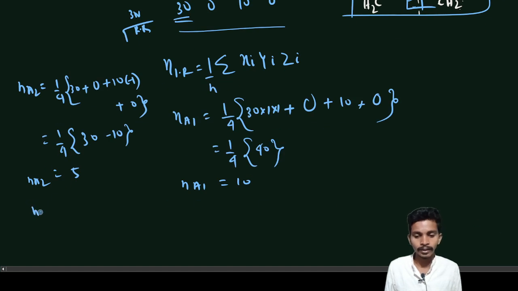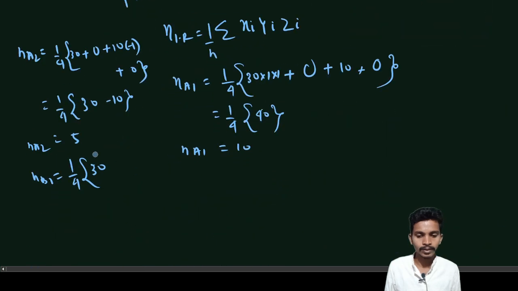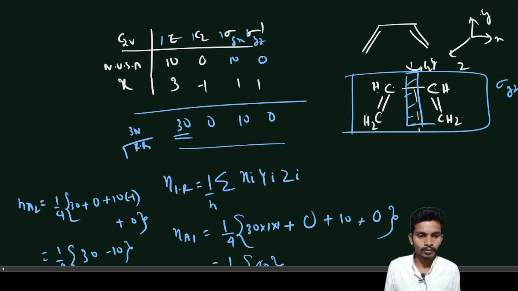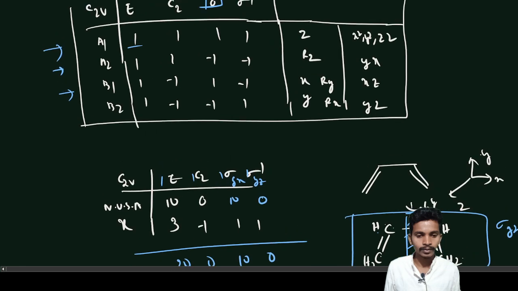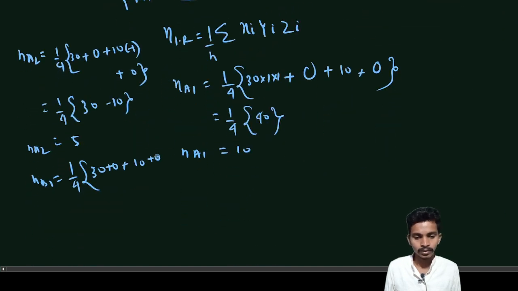Similarly you go for nb1, that is equal to 1 upon 4, first is 30, I am going for this one 30, and the next term is 0, and next is 10, so this is 10. Then I have to go for this sigma also, this is 1. So I will get 10 itself, and the other is 0.